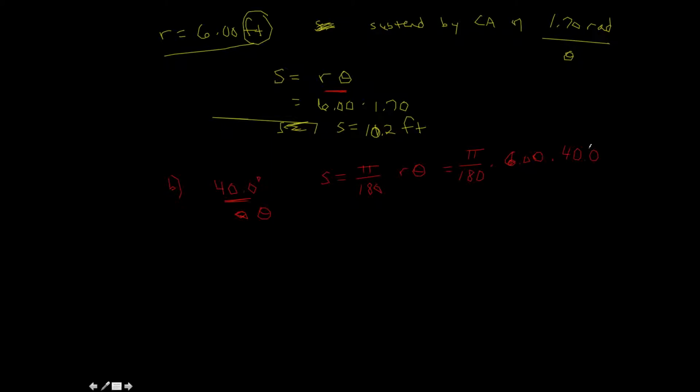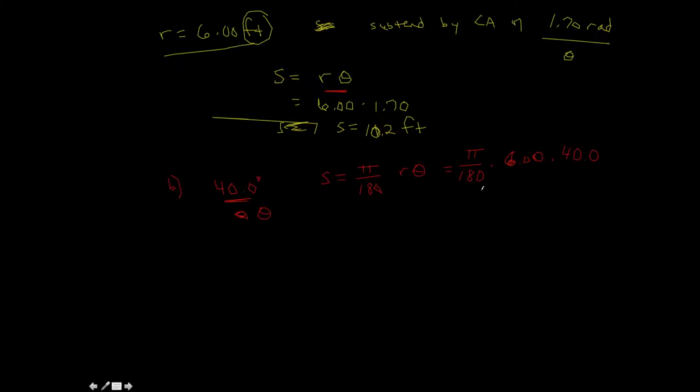This thing kind of looks a little sloppy. Alright, so multiply it out. Again, take your trusty calculator. Make sure we have 6 times 40 times pi, remember to use your pi button, divided by 180. Let's just say we want to round this to 3 decimal places.